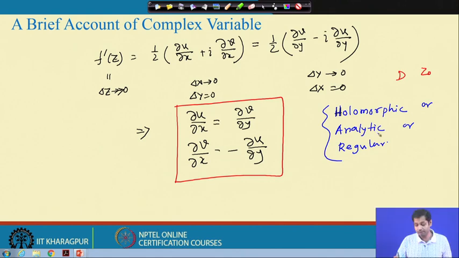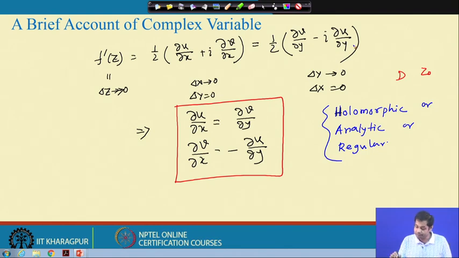Okay. Now, therefore, if it is a holomorphic, analytic or regular function, then this condition is true for every point in D, and we obtain this relation between u and v based on this condition.